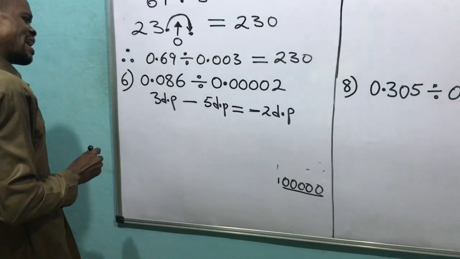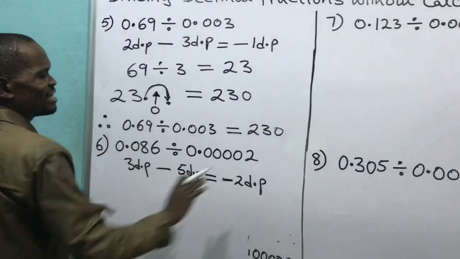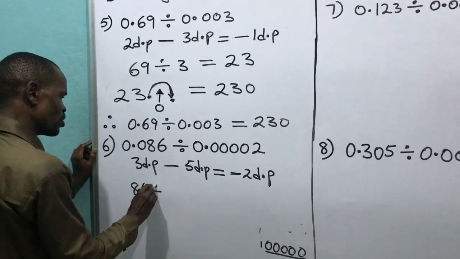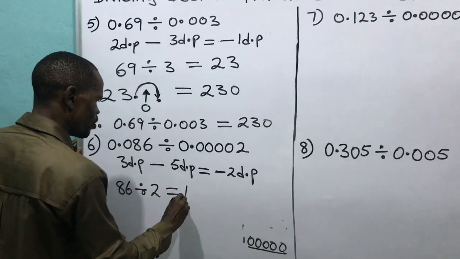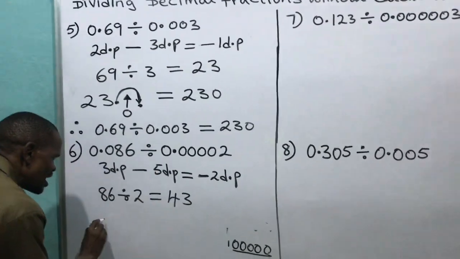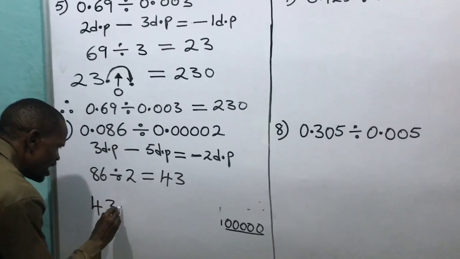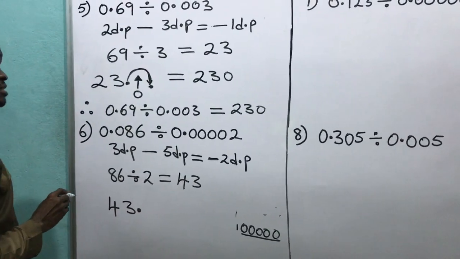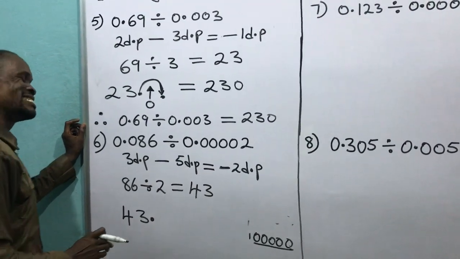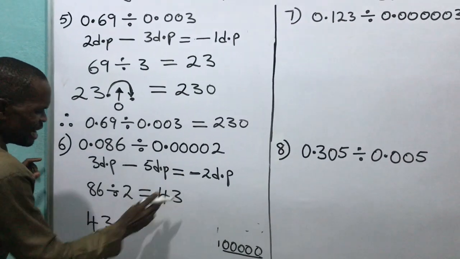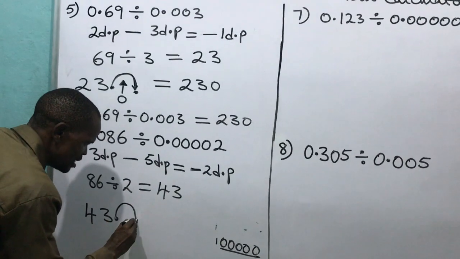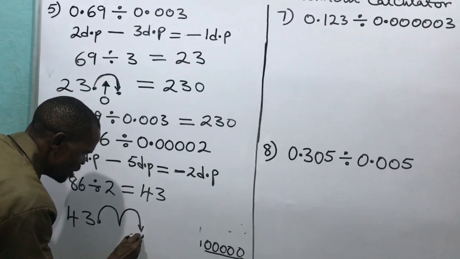Then after I have done that, I'm going to divide this as if they are not decimal fractions. I'm going to have 86 divided by 2, and that will give me 43. Then I'm going to return my decimal places. Right now I have 43 here, and look at where my decimal point is. The total decimal places I have is minus 2 decimal places, and because it is minus, I'm going to move this way. My decimal point will move 1, and the second one, that means my point will be here.